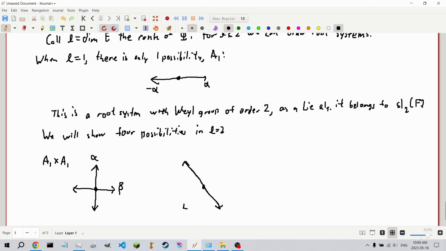I encourage you to look these up, like actually what they look like, because my diagrams are not going to be to scale. But this one is A2, we have alpha here, and beta, and this third axis is just their sum.